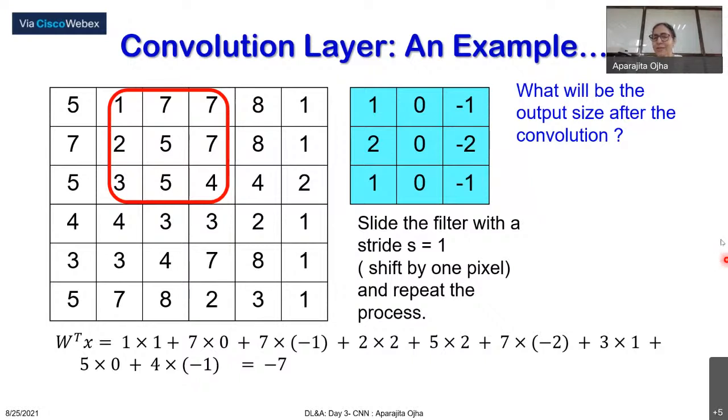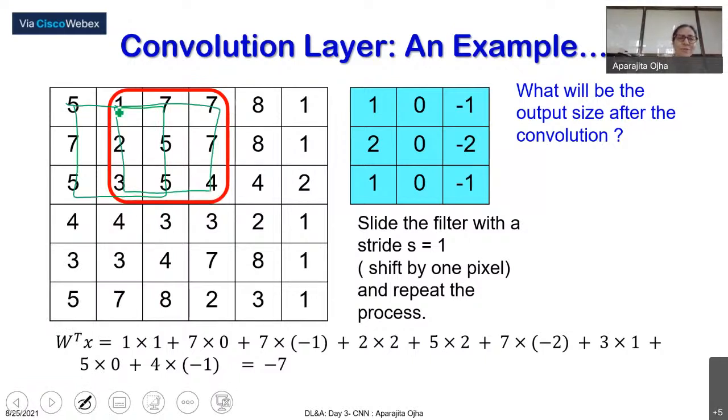If I take all the strides and go down 1 pixel at a time, what will be the size of the output? See, when I'm sliding, I get one output from this, a second output from this, a third output from this, and a fourth output from this.